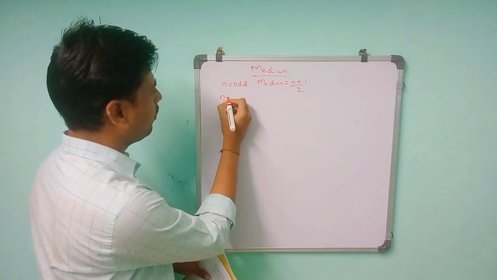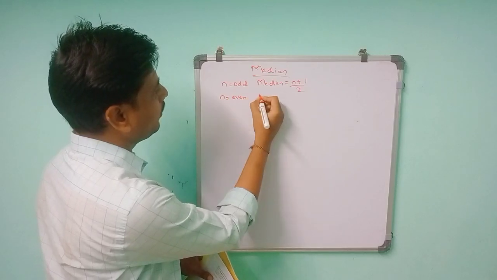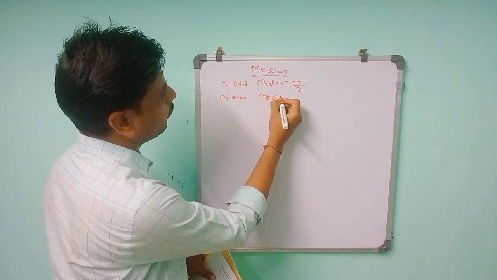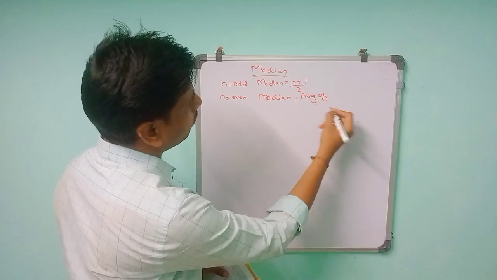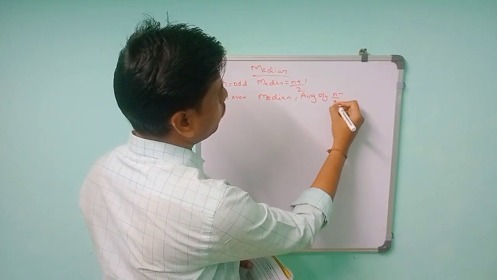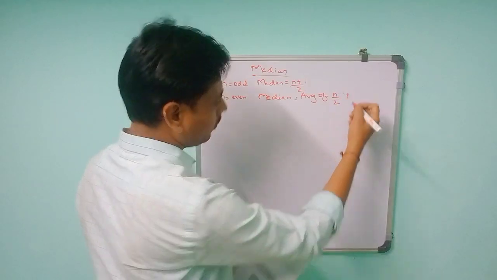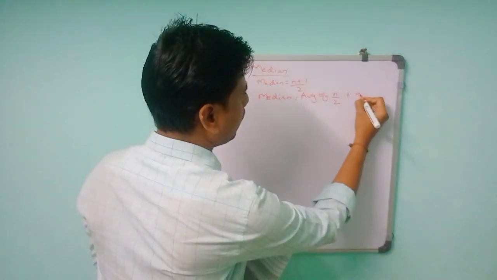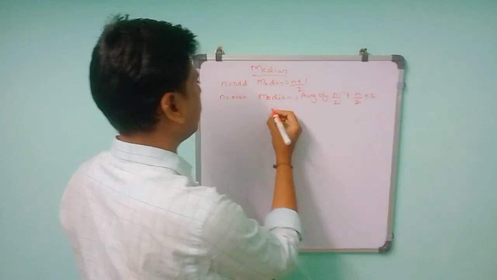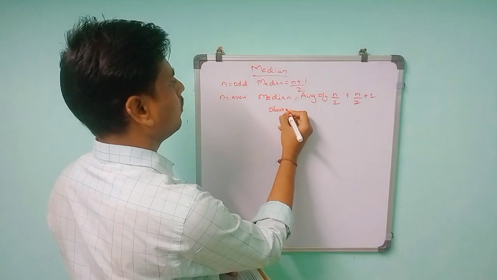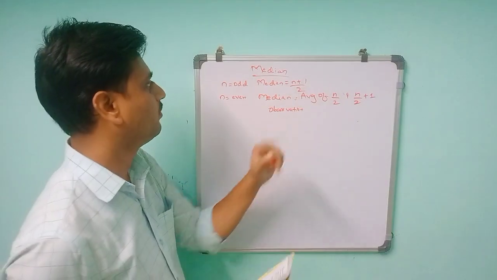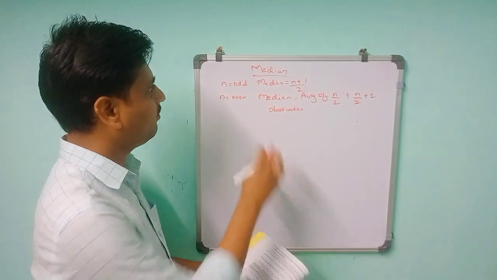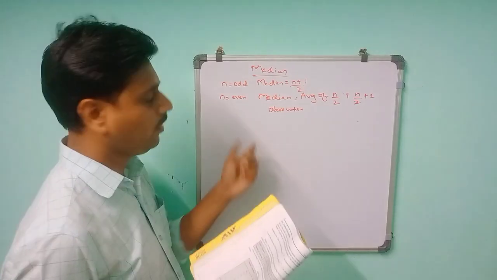If n is even, then the median will be the average of the n by 2 th and n by 2 plus 1 th observations. So median is the middlemost observation in the given data.